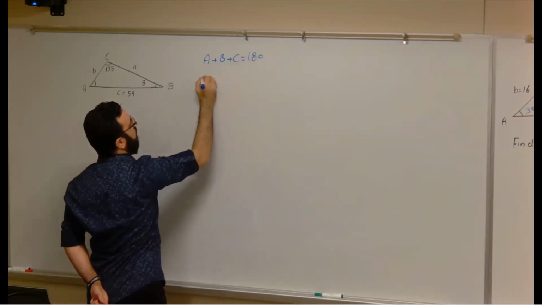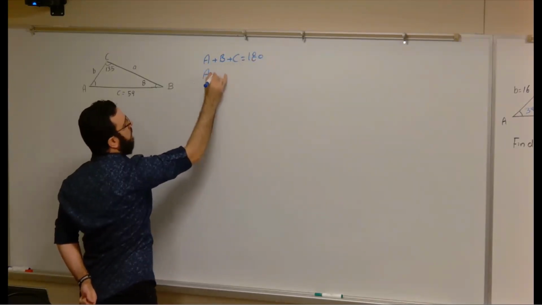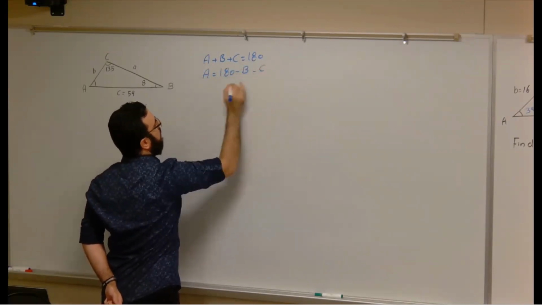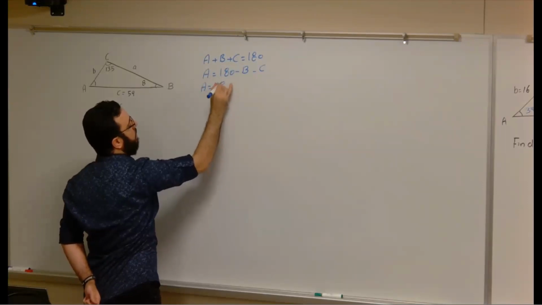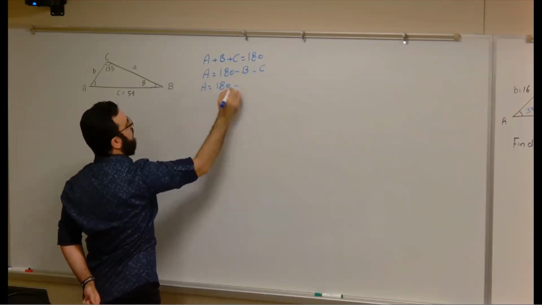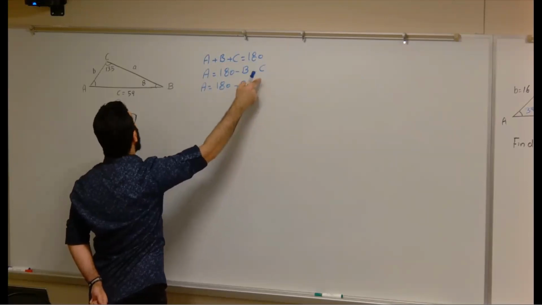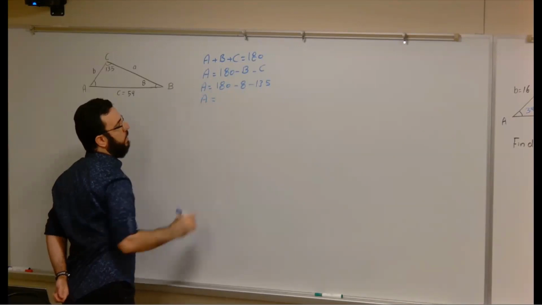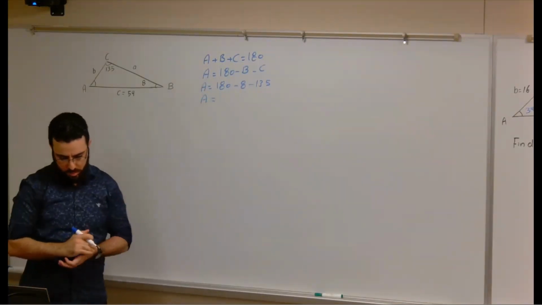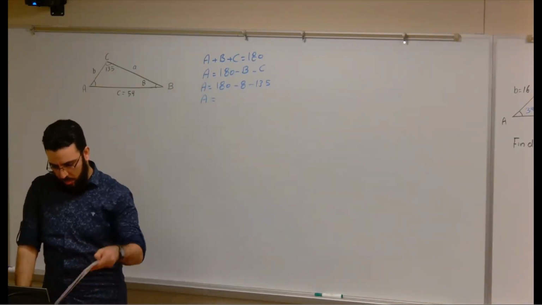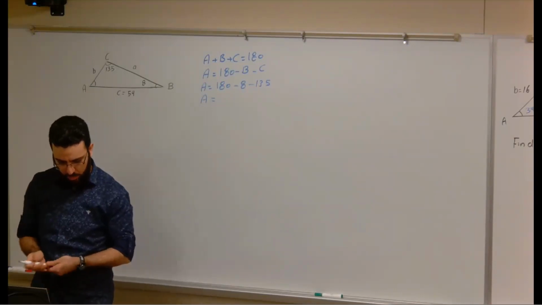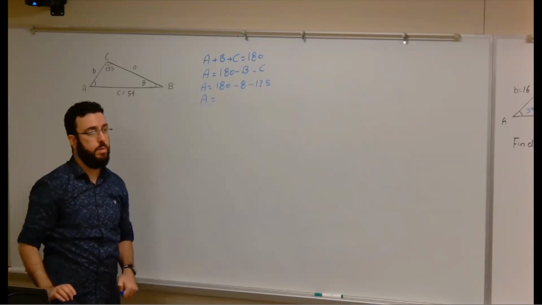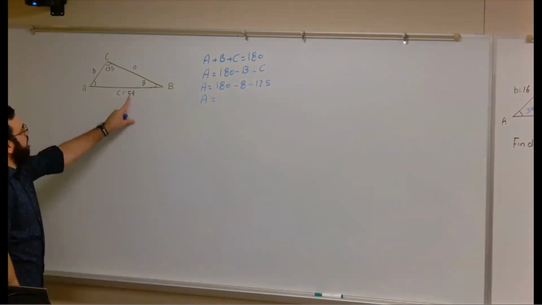180. I need to find A. So it's going to be 180 minus B minus C. Tell me how much it's going to be. Minus B is 8. Minus C is 135. A equals. What's the number for side C? 59.